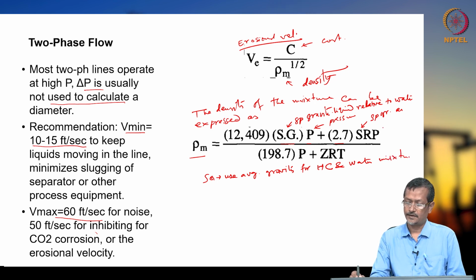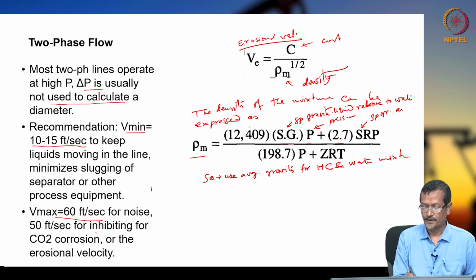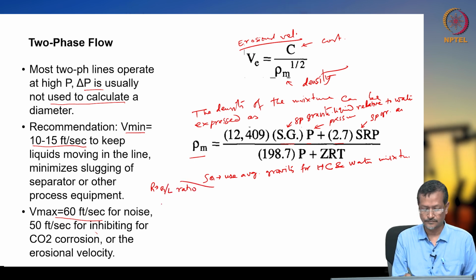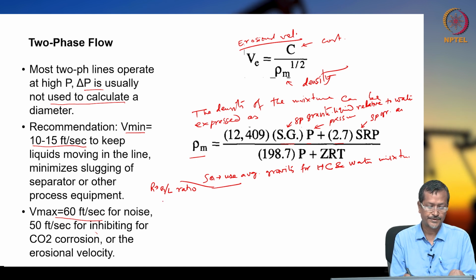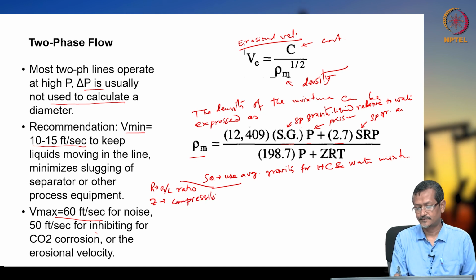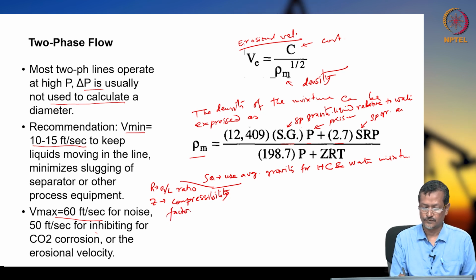R is the gas liquid ratio, and Z is the compressibility factor.